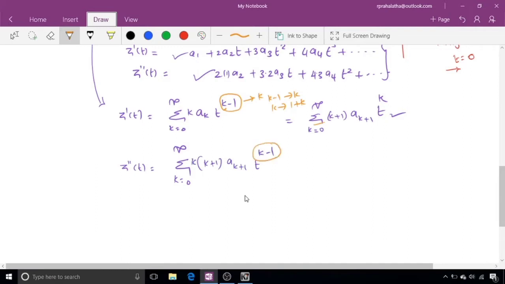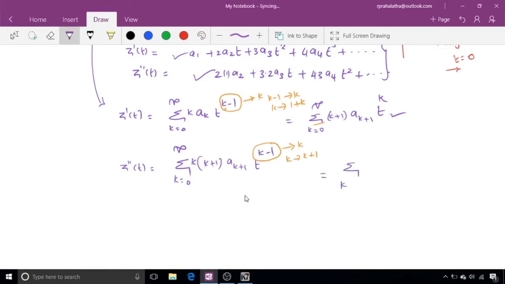Repeat the same process: k minus 1 replaced by k, that is k replaced by k plus 1, equal to summation k starting from minus 1 to infinity, k plus 1 plus 1, that is k plus 2, a suffix k plus 1 plus 1, that is k plus 2, t power k. K starts from minus 1 to infinity, that is minus 1, 0, 1, 2, 3 and so on to infinity.